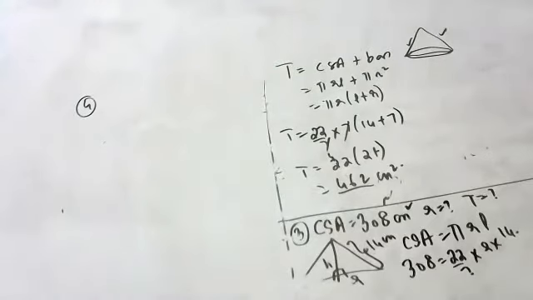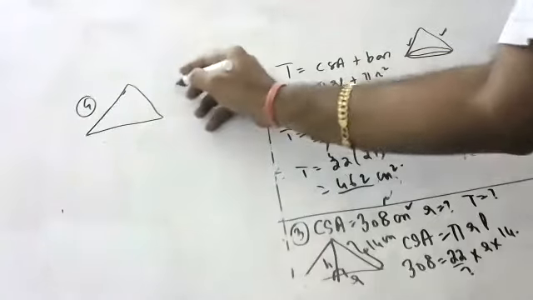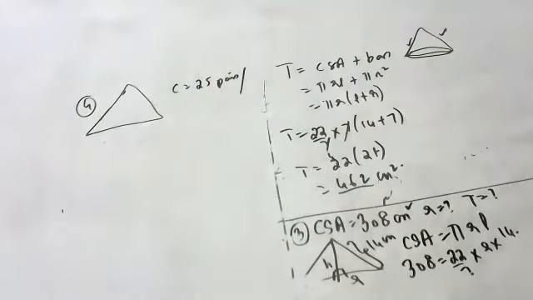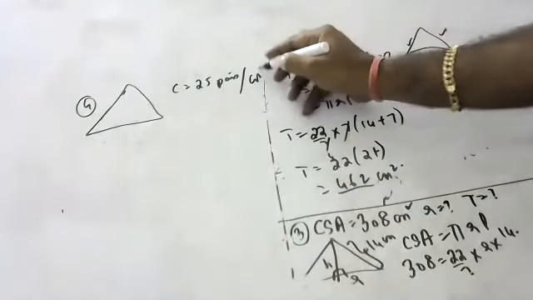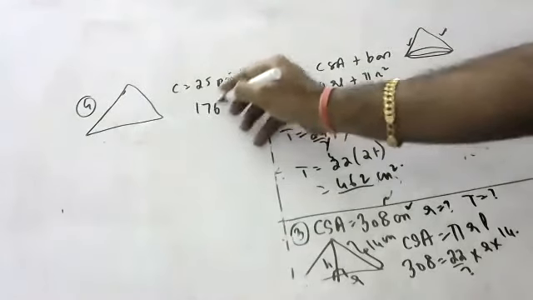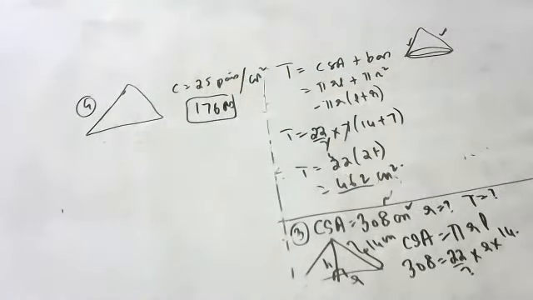Fourth question. The cost of painting the TSA of the cone is 25 paisa per centimeter square. At this rate it is 176 rupees. If they are taking 25 paisa, the total is coming to 176 rupees.